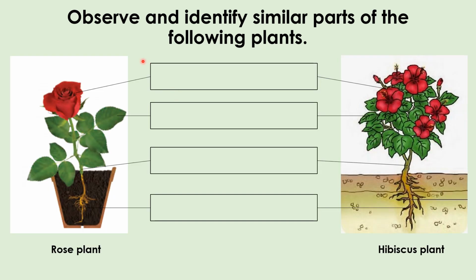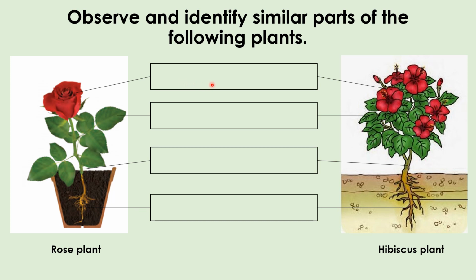Look at the rose plant. The rose plant has a flower. Now look at the hibiscus plant. The hibiscus plant also has flowers. So, both rose plant and hibiscus plant have flower.